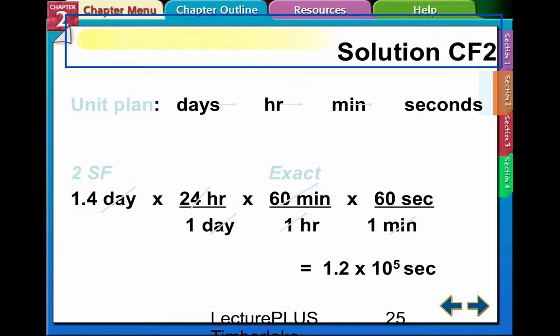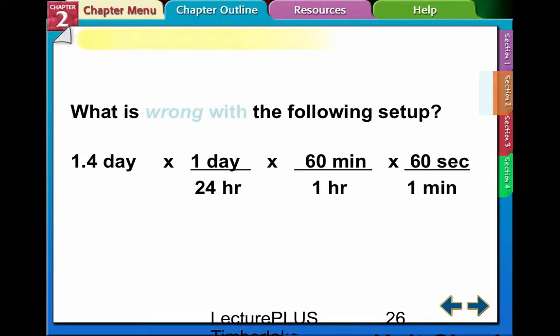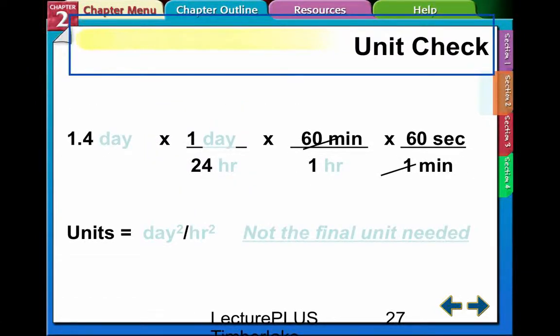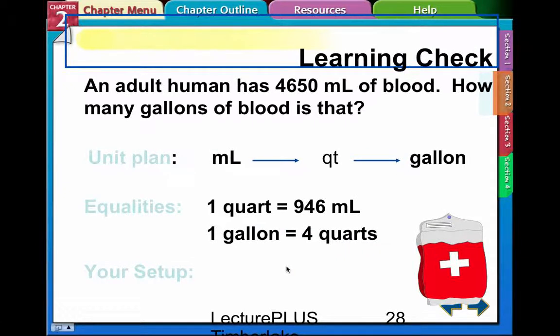Okay, notice how that is in scientific notation. Okay, your days, notice your days are on the top here. These 2 need to be flipped around so the days cancel and the hours cancel. How would you set this one up?